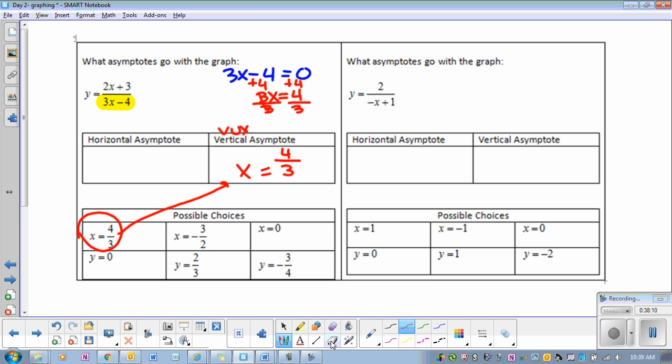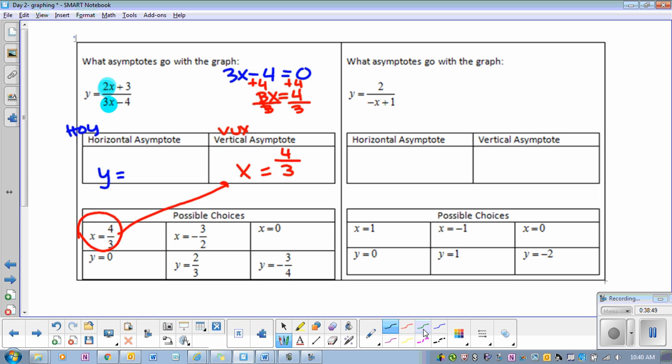So now, the horizontal asymptote. First of all, this has to be y equals. Now, remember I said we need to look at the x's and their exponents. Up on top, do I have an x? Yes, 2x. On the bottom, do I have an x? Yes, 3x.